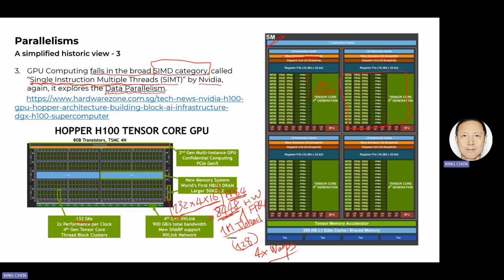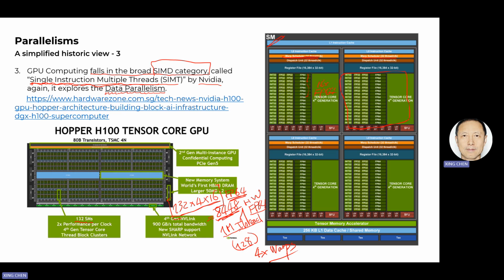So four warps per hardware unit. If you have this kind of GPU, you can have multiple warps, multiple times 32 threads, per subdivision of the GPU. In total, you need around 1 million threads or more to make it worth doing.